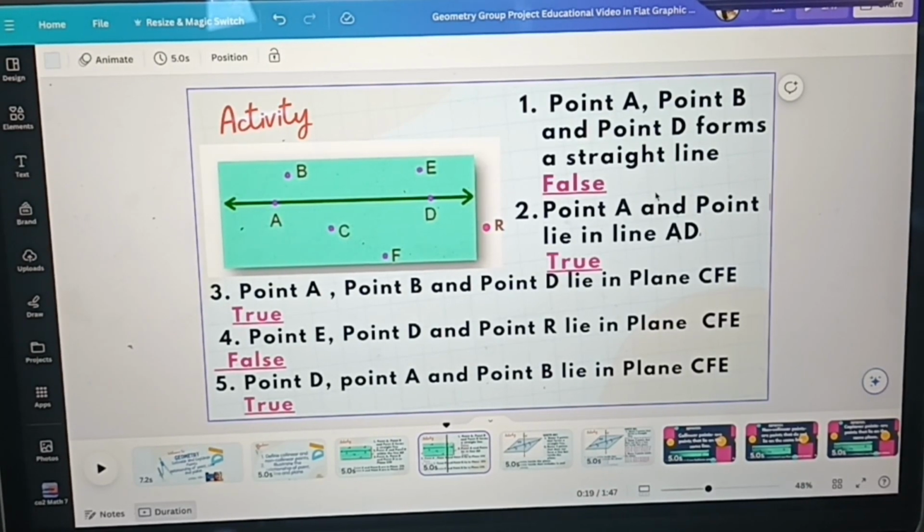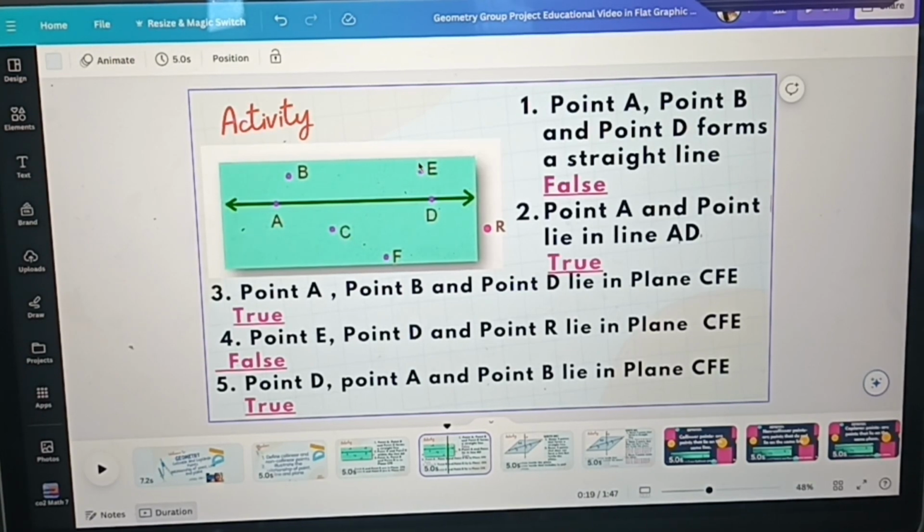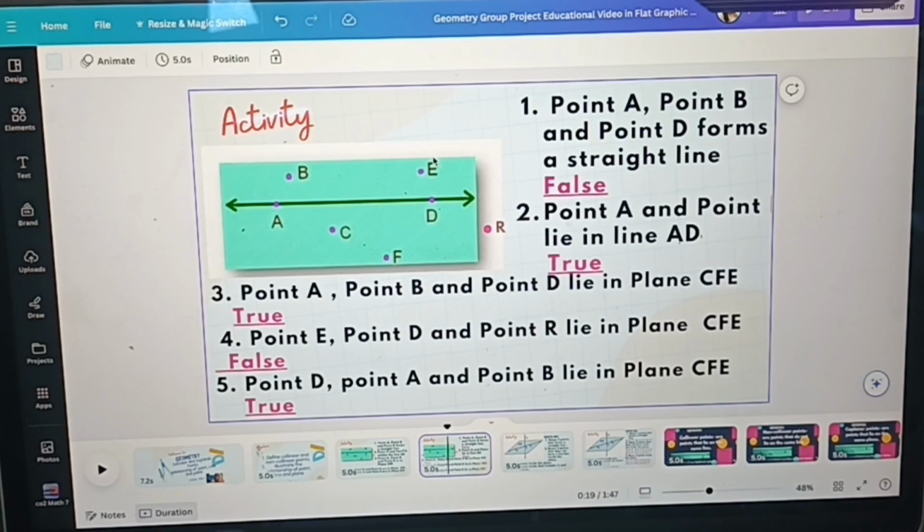Number 3, your point A, your point B, your point D lie on plane CFE. Remember that we can name a plane using 3 points in it. So we have here your plane CFE.